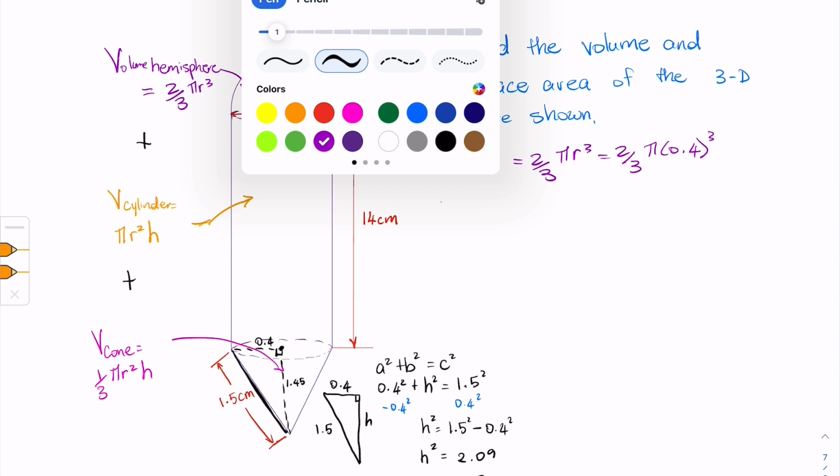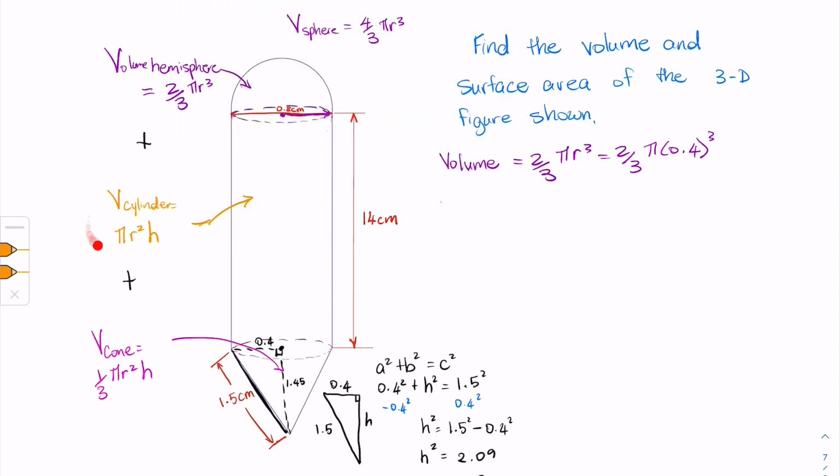All right, and so now moving on to our cylinder, the volume is equal to pi r squared times h, which is pi, and our radius, as we know, is 0.4 squared, and the height of the cylinder is 14, so we can put that in here. That's our h, and we'll calculate what that is in just a second.